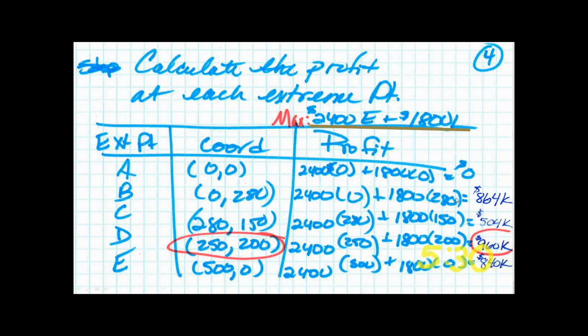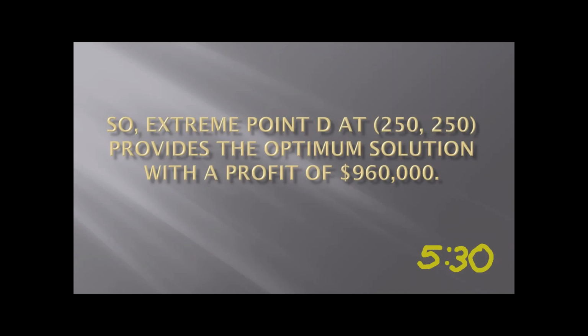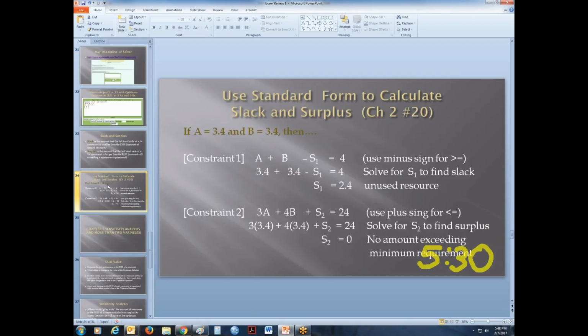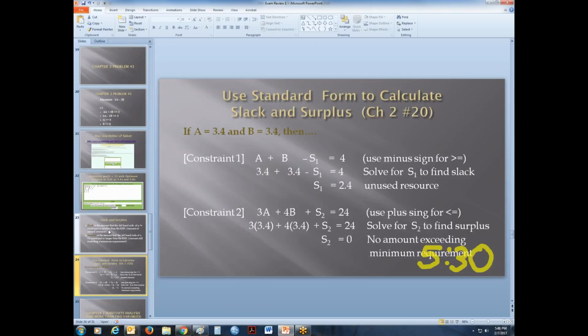After we get all that done, we say, okay, which of these 5 extreme points produces the highest profit? The highest profit I see is $960,000, which is extreme point D. That is why it is the answer. And we can then conclude that extreme point D at, whoops, I should say 200. That should say 200. I will have to fix that.